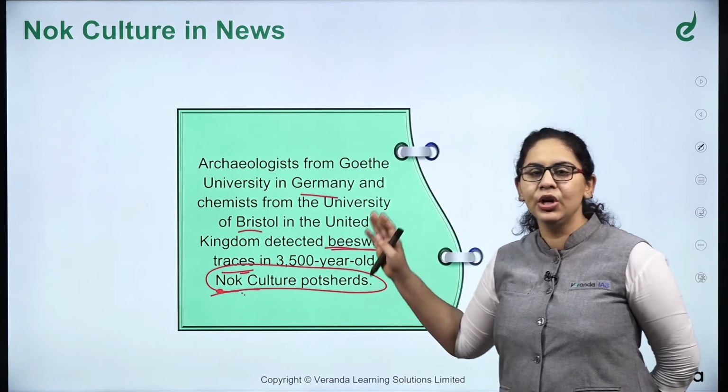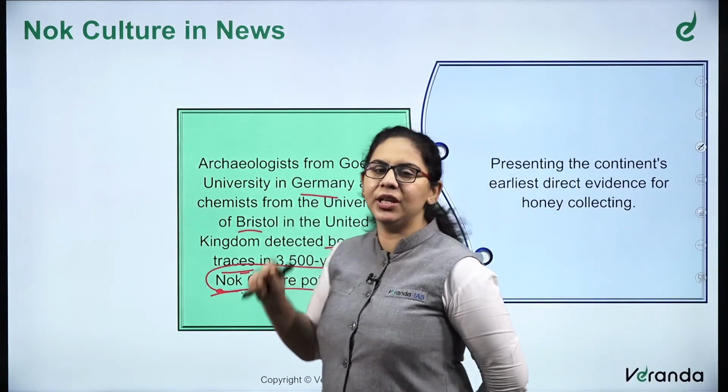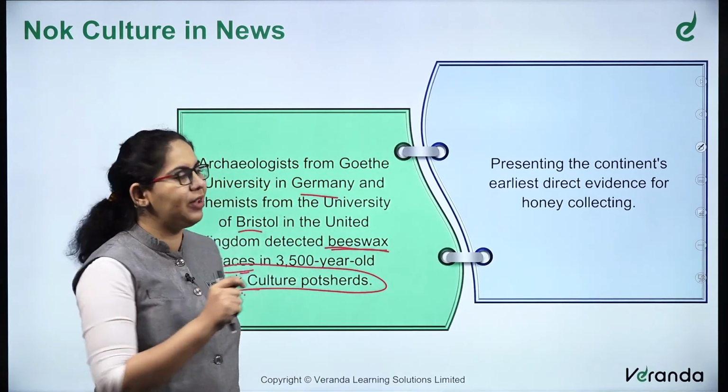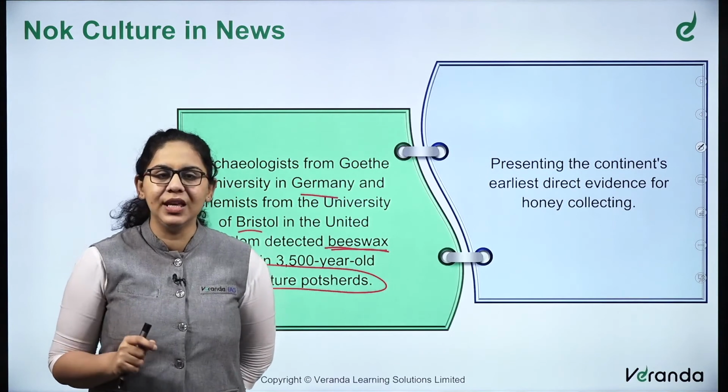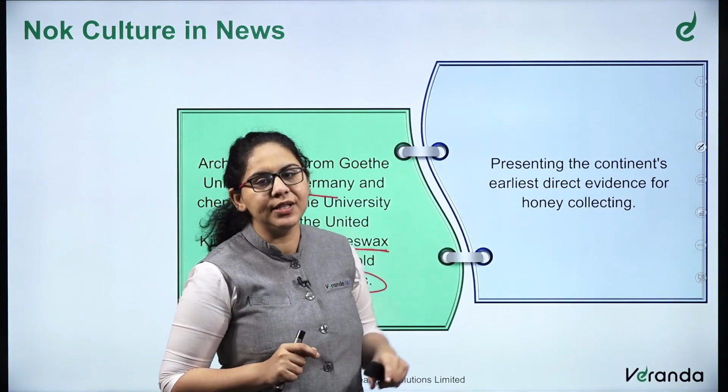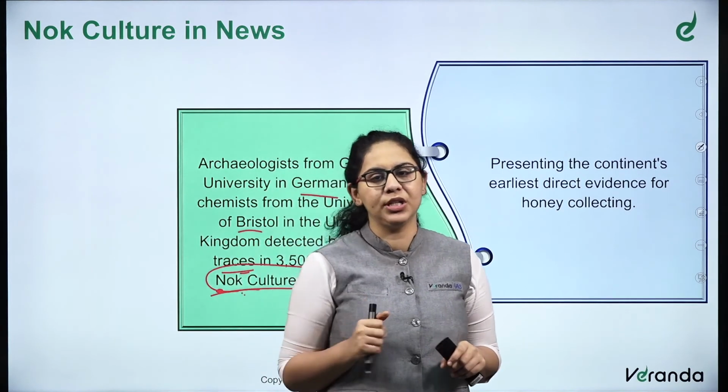Not only this, NOK culture time and again has been in the news because of the various excavations, various terracotta figurines being found associated with this culture, presenting the continent's earliest direct evidences for honey collecting. Important.